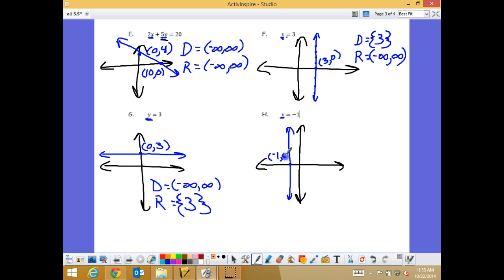That x-intercept is -1, 0. Domain, once again, we only have one x value. And that is -1. Range, bottom to top. Negative infinity to infinity.